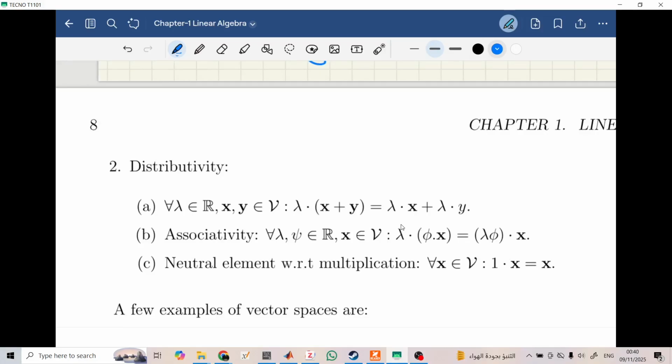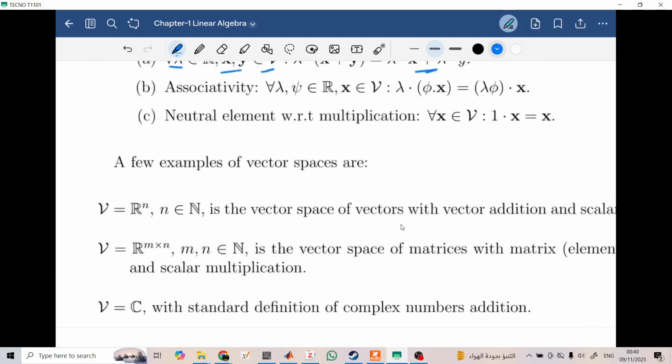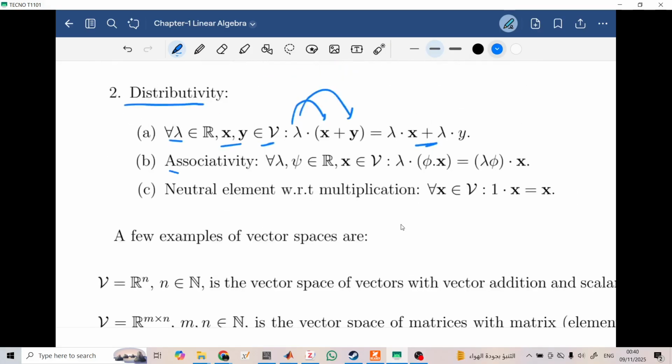The second thing that we need to check is distributivity. So we have a scalar, and x and y in the candidate subspace or vector space here. So lambda can be distributed over the addition, right? The next thing is associativity with respect to scalar multiplication.